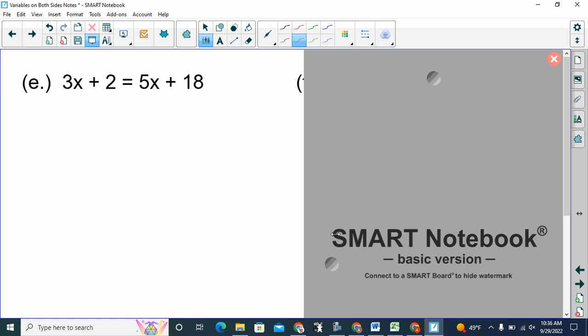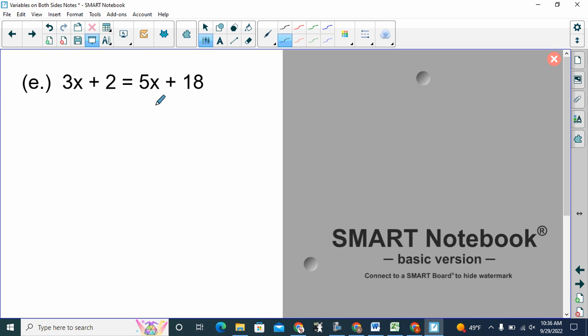Part E says 3x plus 2 equals 5x plus 18. I don't see anything to distribute. I see no like terms. Let's move the x's to the same side.